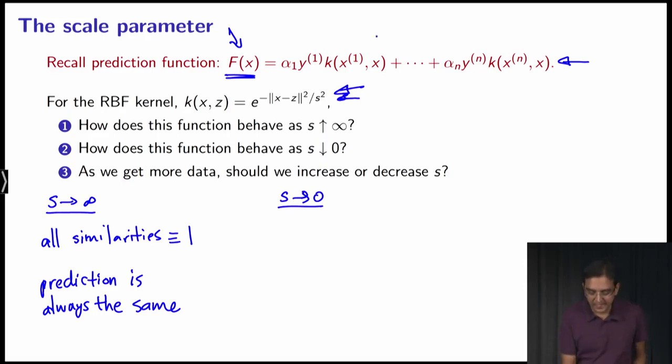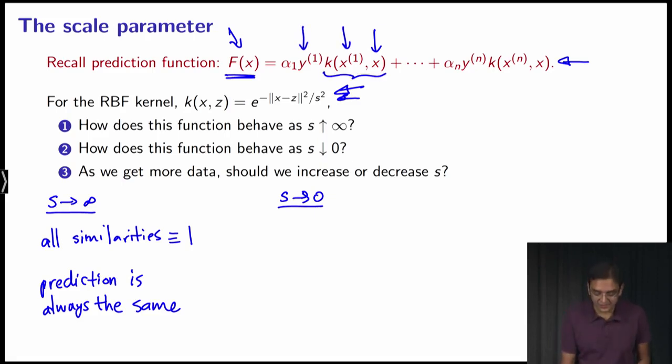So if we get a new point x, let's look at the data point it's closest to. Let's say it's x1. If we let s become really small, then that particular similarity value will get magnified dramatically relative to the other similarities. And the label we will predict will simply be y1.